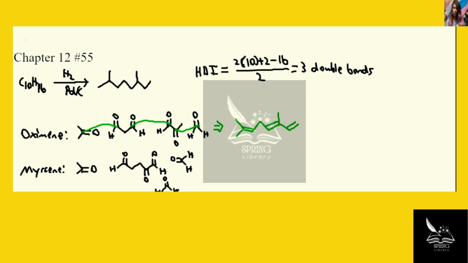Then we can do exactly what we did for ocimene and link carbonyl carbon to carbonyl carbon. When we do that, we see that again we have something based on this 2,6-dimethyloctane backbone.